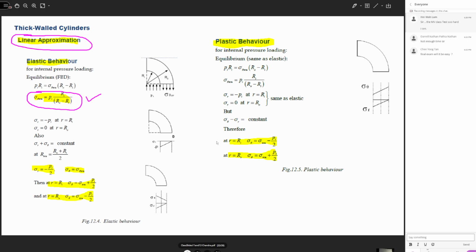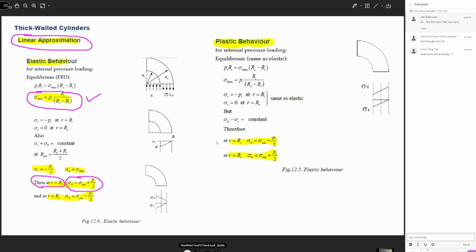This is for the elastic behavior under linear approximation. The radial stress at the inner radius, r equal to Ri, and the tangential stress can be given as sigma theta, which is sigma average plus Pi over 2.